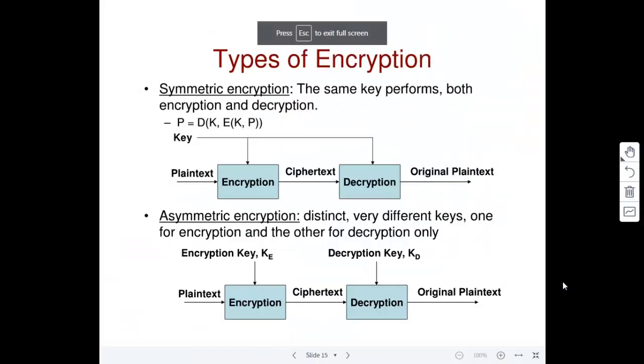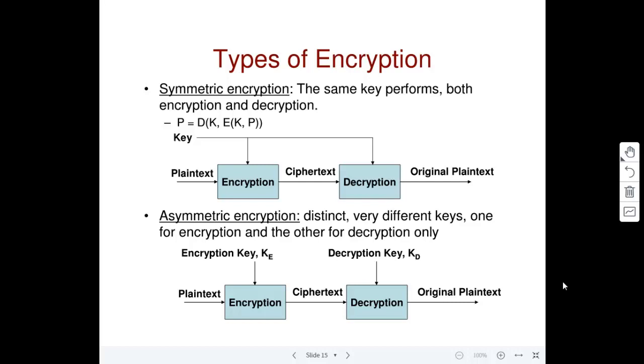Okay, so last time we started looking at encryption techniques as a tool for network security. I said in a broad sense there could be two types of encryption techniques: symmetric encryption and asymmetric encryption. The main difference between the two is that in symmetric encryption we use the same key for both encryption as well as decryption.